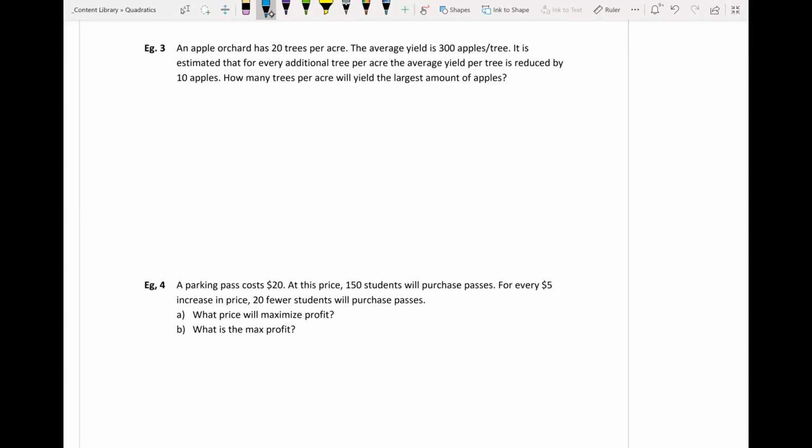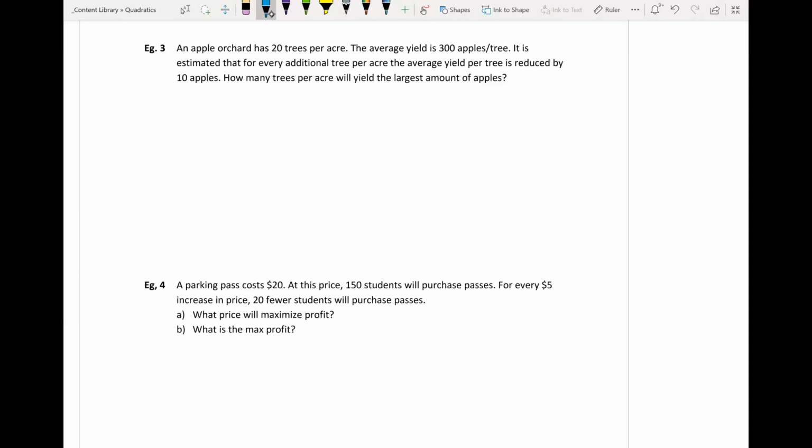For example number 3, an apple orchard has 20 trees per acre. The average yield is 300 apples per tree. It is estimated that for every additional tree per acre, the average yield per tree is reduced by 10 apples. How many trees per acre will yield the largest amount of apples?